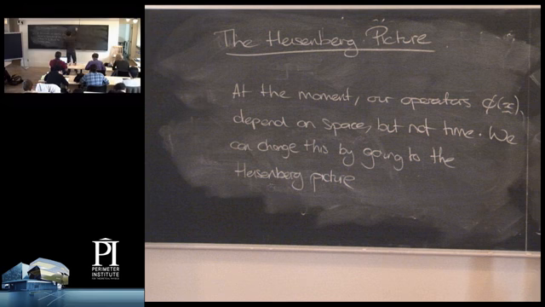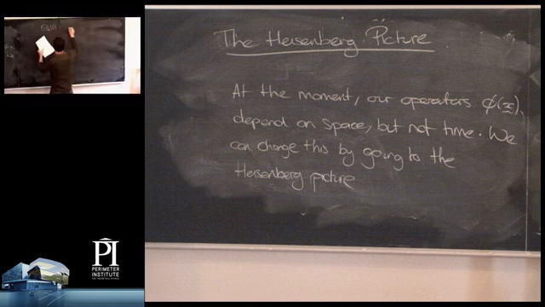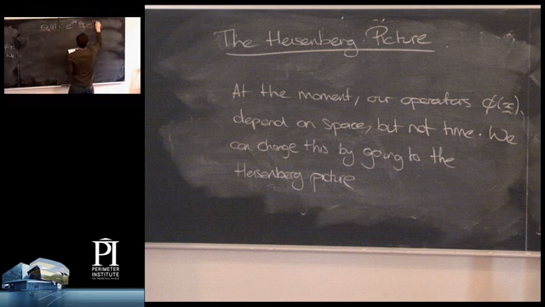Okay, so what's the Heisenberg picture? Remember, for any operator, so this is true in any quantum mechanical system, quantum field theory system, this is the operator in the Schrödinger picture. And this is how we define the operator in the Heisenberg picture.